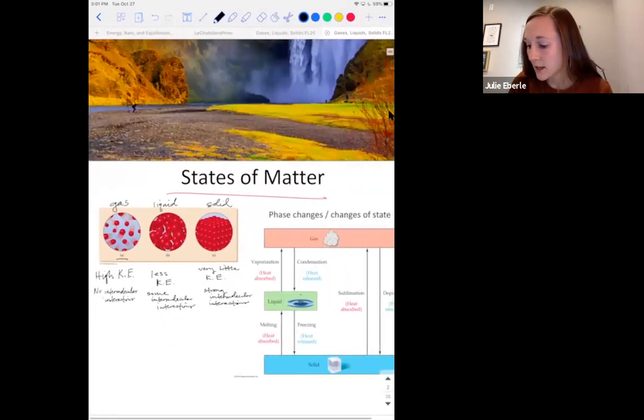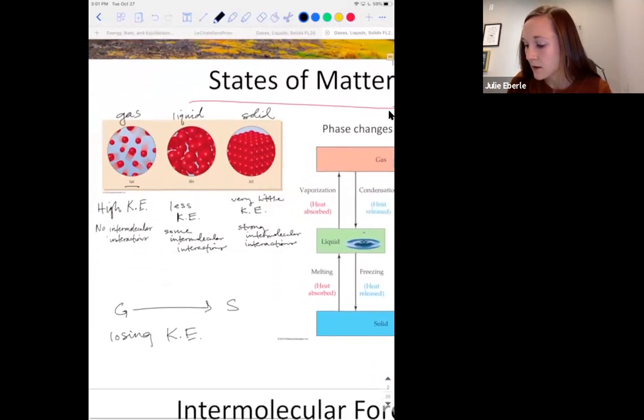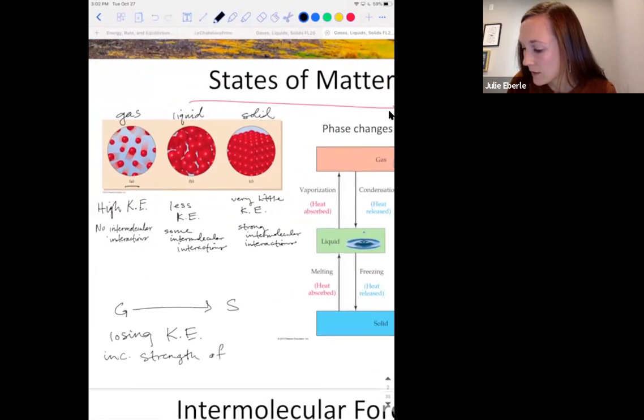So we can actually write that as we go from gases to solids, we are losing kinetic energy, and we are increasing or strengthening, you could say either word here, increasing the strength of intermolecular interactions.